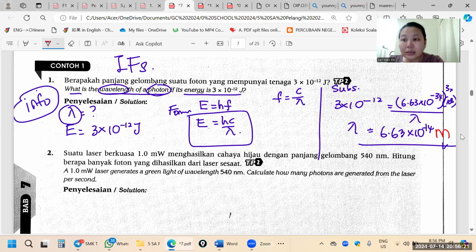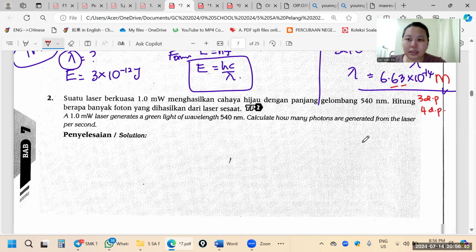Yeah, it's in meter. Must have unit, okay? If your answer gives you 2 decimal places, okay. But if your answer gives you more than 4 decimal places, you can make it 3 or 4 decimal places. Alright, so now next.